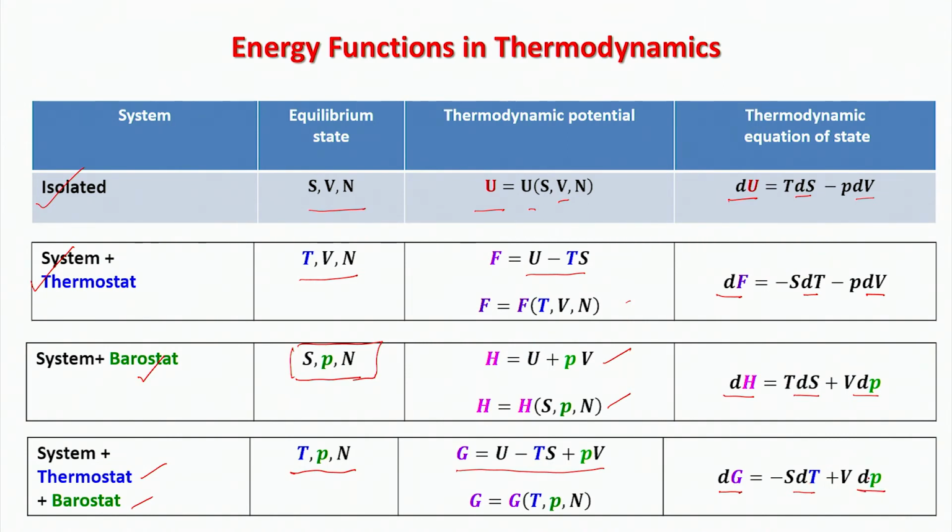So, under such a condition, the thermodynamic potential whose change depends directly on dT and dP is G, and G as a function of T, P, and N is the thermodynamic potential in this particular experimental condition.